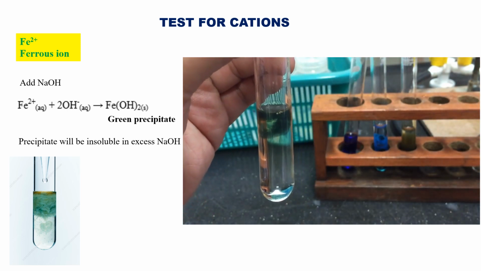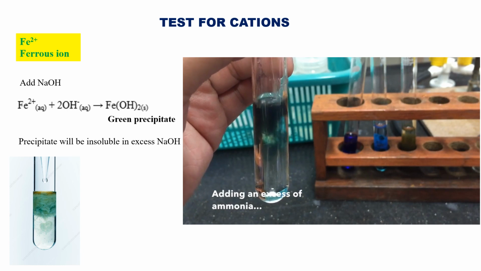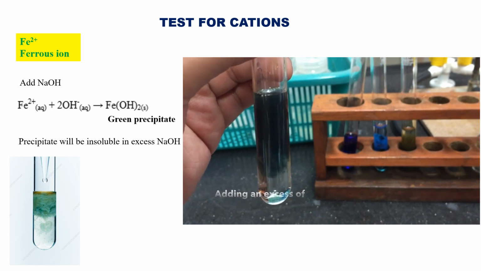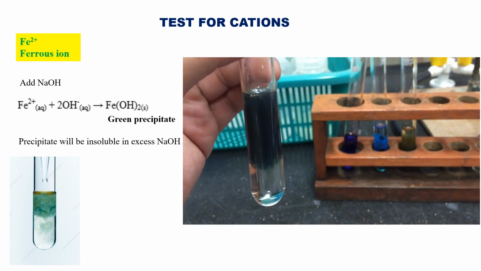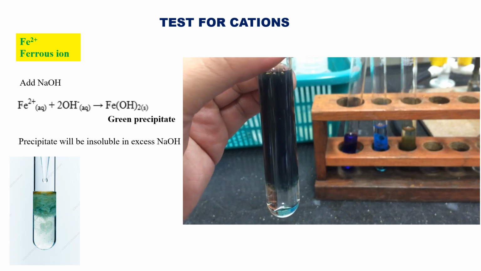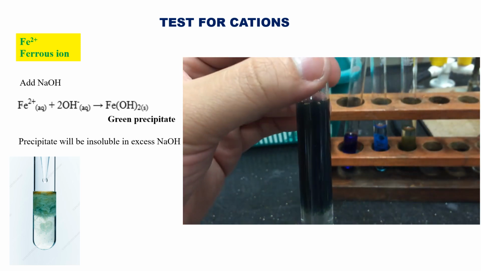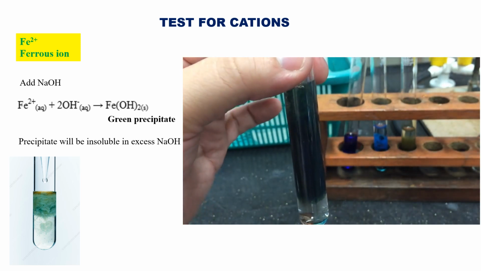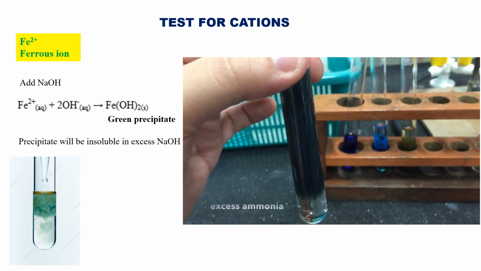To obtain a clearer result, continue to add excess ammonia. The result is clear. The green precipitate remains insoluble in excess ammonia.